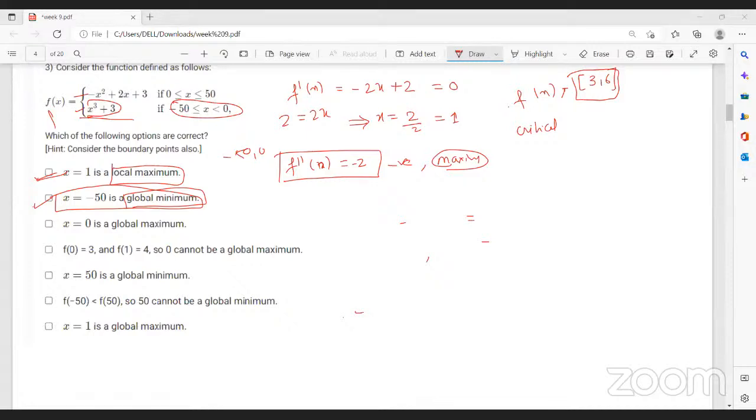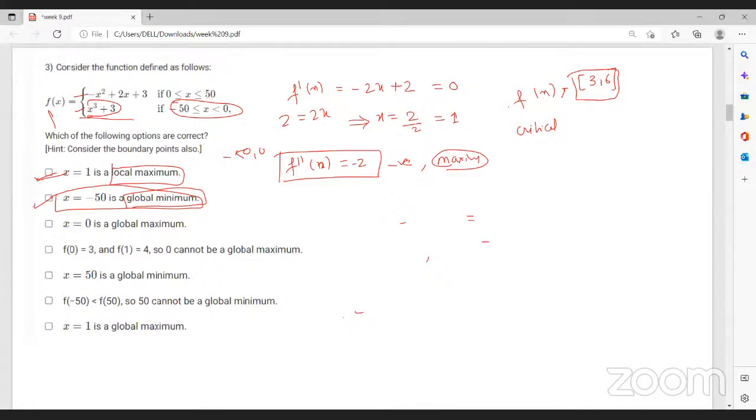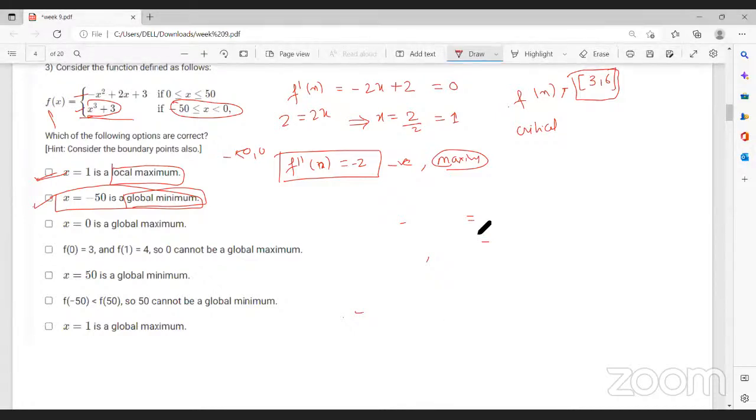Sir, I have a simple question. When we are calculating local, we use the double derivative. When we are calculating global, we use the function itself. Why is it so? For global points, we calculate at the end points, right? These are minus 50 and 0, the end points of this particular function, so my domain is from minus 50 to 0.